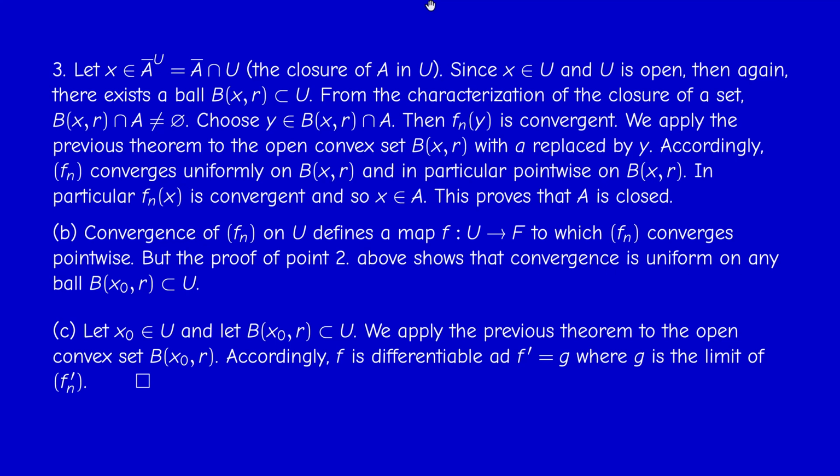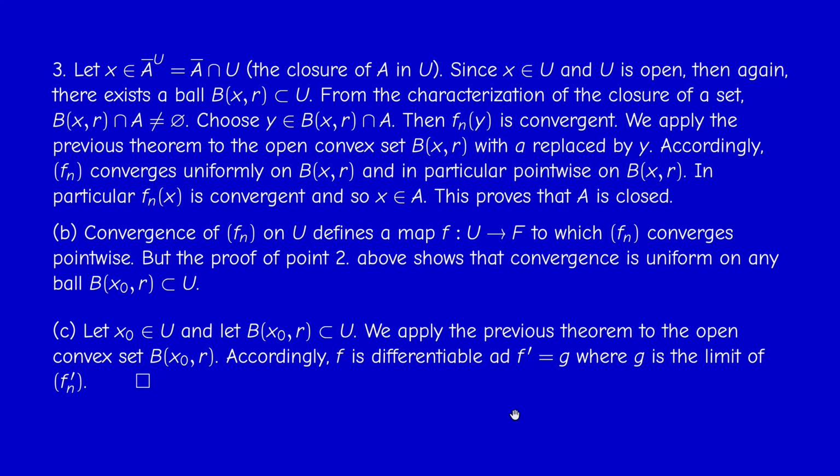So on this ball, f is differentiable and f prime equals g, and that's it, because differentiability is a local condition. So differentiability on U follows from differentiability at each x0. That's it. It's trivial. So this concludes the proof of Theorem 3.5.